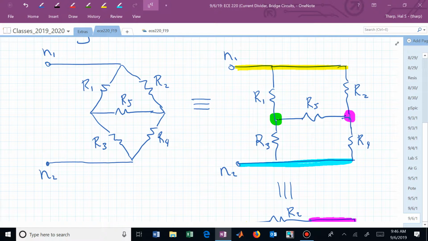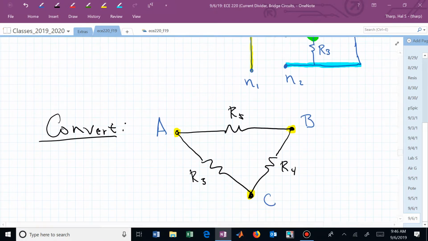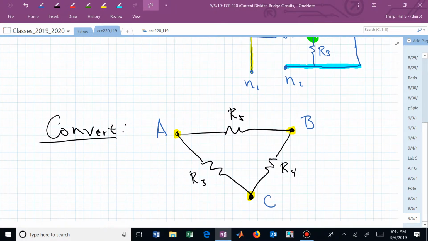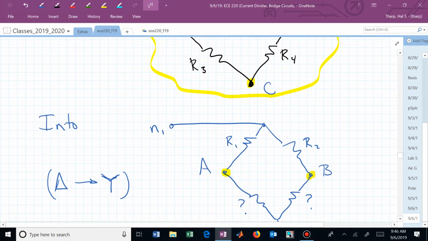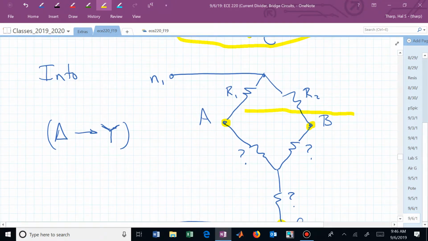That's really sort of two different deltas. You could take the top delta or the bottom delta. What we want to be able to do is convert those deltas, this interconnection, into a Y.